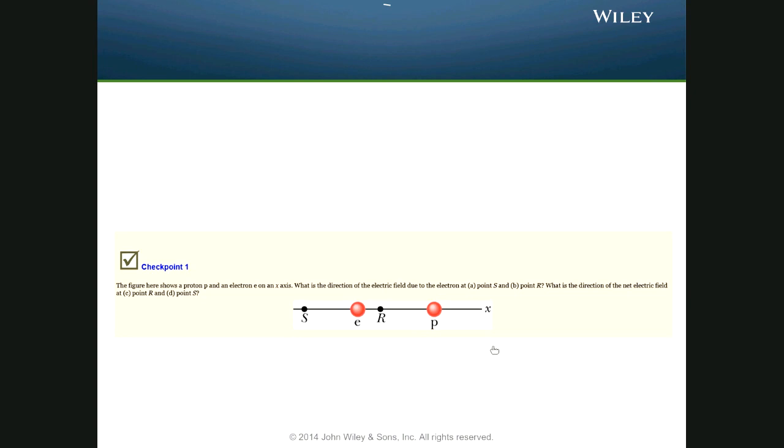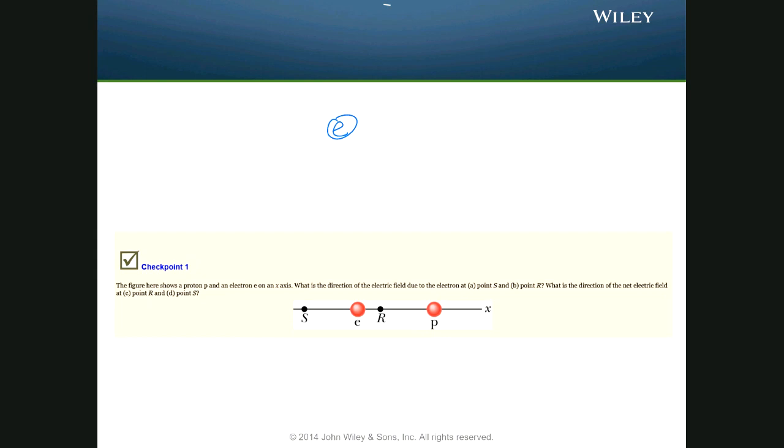So let me look up here. I want you to play around a little with it, and I want to just look at each point first. The first thing is we want to know what the electric field is from the electron. So in that case, we have just the electron, and we forget the proton.